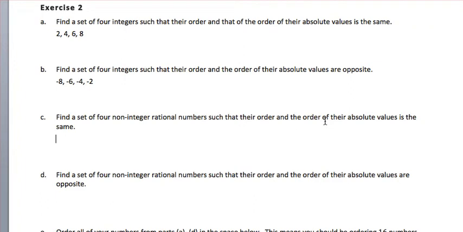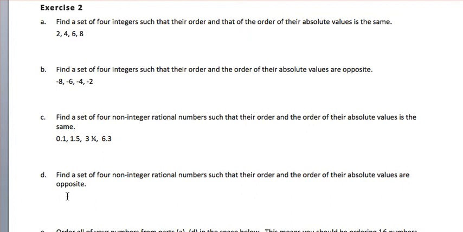So perhaps I have 0, 1 and 5/10, 3 and 1/4, and 6 and 3/10. I guess our 0 doesn't meet that criteria. We'll call it 0 and 1/10.